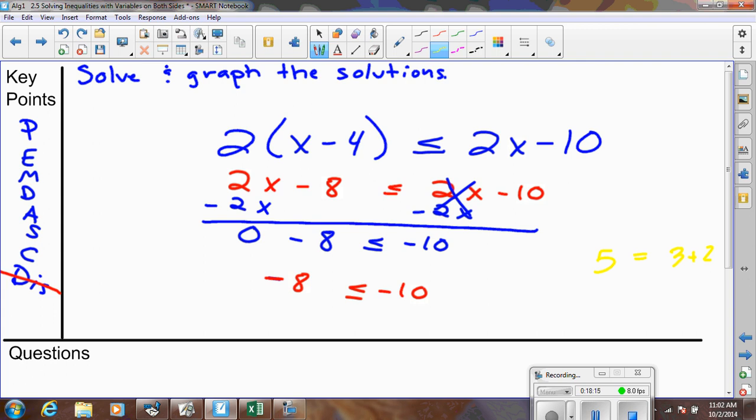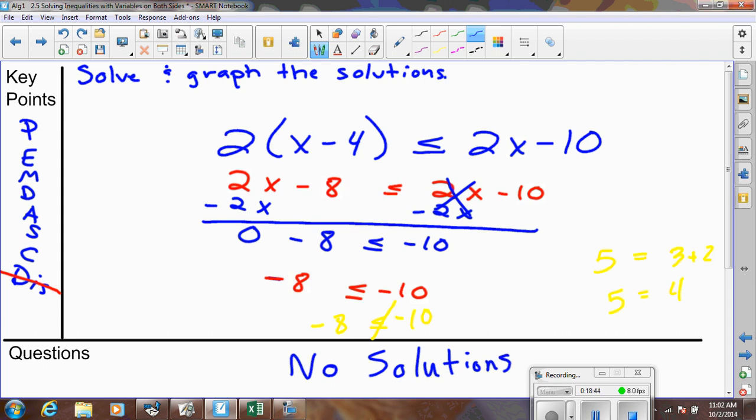Well, is this something that's always true or always false? Always false. Since negative 8 is less than or equal to negative 10, that's not true. This is like when we encountered a piece that said 5 equals 4. It's not true. And when it is not true, there are no solutions.